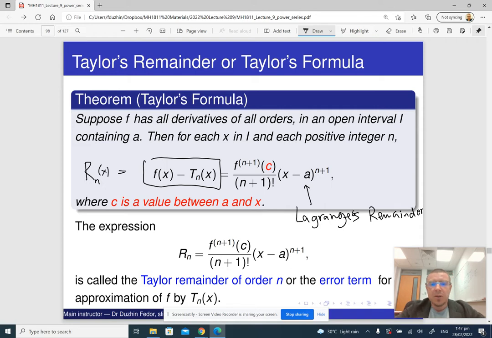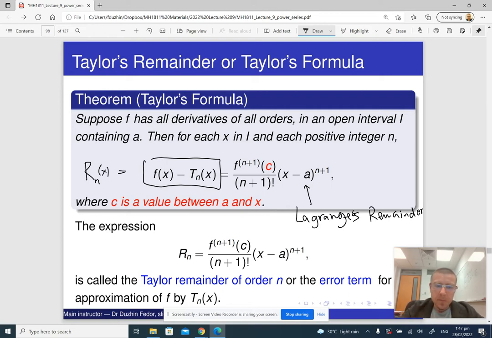It's not the only one. There is also Peano's remainder, there is Cauchy's remainder, there is the integral remainder. If you Google Taylor's formula, you will probably find even more. But today we are going to work with Lagrange's remainder.